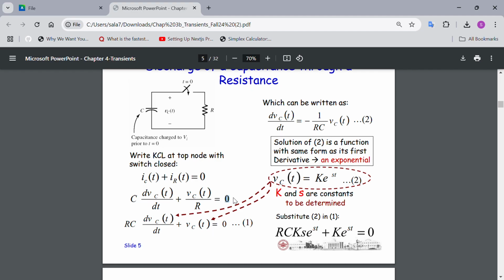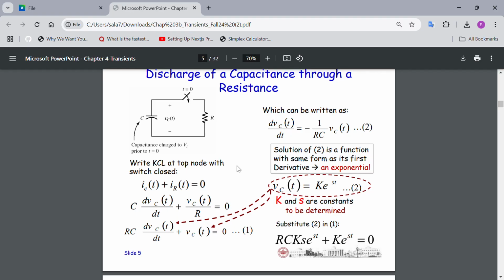It equals 0 because we don't have any voltage source, according to Kirchhoff's current law, KCL. This can be written as dVc over dt equals minus 1 over RC times Vc of t. And that's basically a separable differential equation.